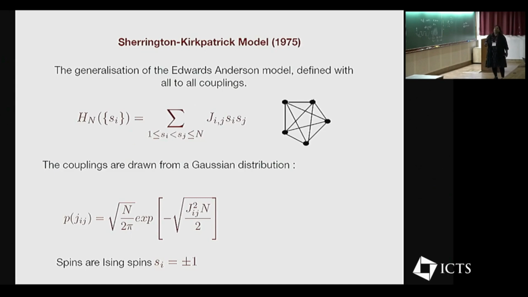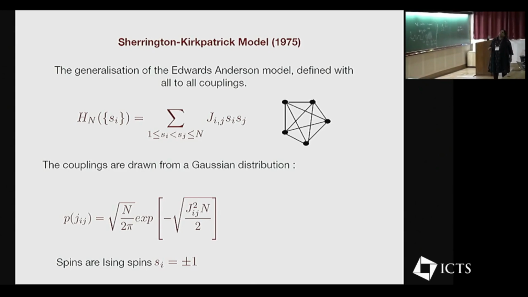For the sake of completeness, I have just added one slide, because the idea of glasses starts with the Sherrington-Kirkpatrick model. This is a model which is a generalization of the Edwards-Anderson model, in the sense that Sherrington-Kirkpatrick defined it on an all-to-all graph, and the J_ij are the random couplings which are quenched, taken from a Gaussian distribution of this kind, and the spins S_i are ±1 spins.